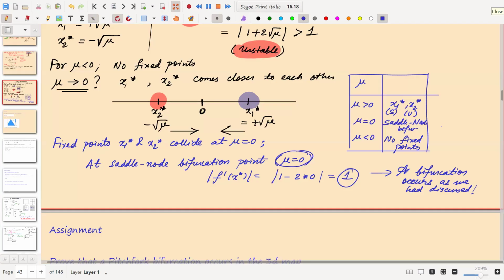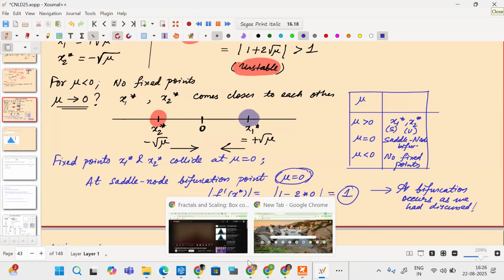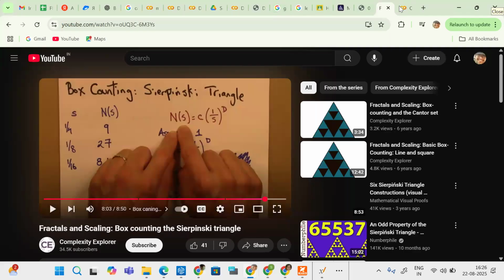I hope it will be clearer if I show you the Python code for this. So let us see the Python code.